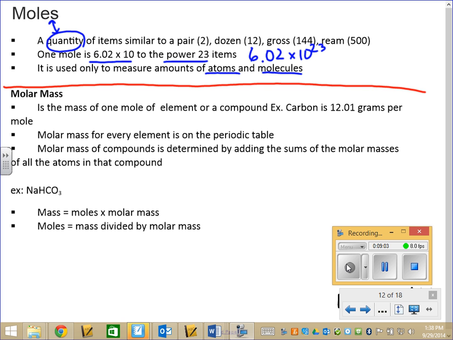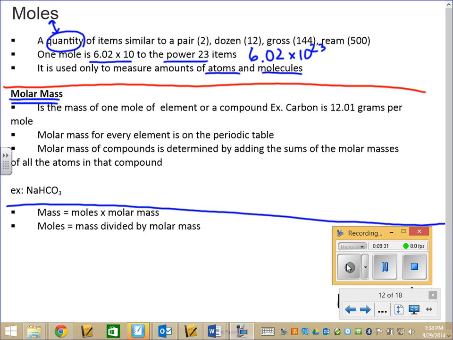So that's what a mole represents. The second part is about molar mass. And so we're interested in this second section of the page here. I'll just read out the points in case they're kind of small. The first point says that molar mass is the mass of 1 mole of an element or a compound.